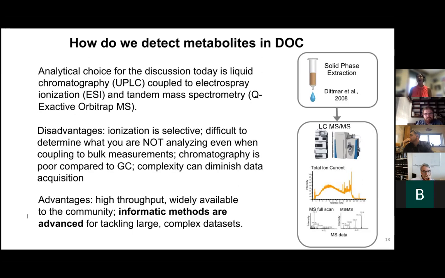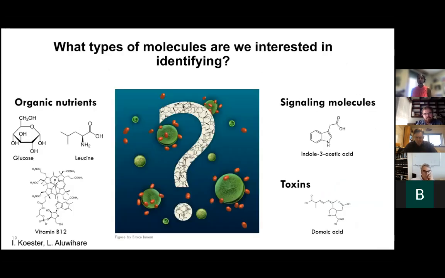And because it's broadly used in the health sciences and the pharmaceutical sciences, the informatic methods are highly developed, and we've been taking advantage of that through collaborations with folks on the main campus at UCSD who are in the pharmaceutical sciences. So what types of molecules might we be interested in identifying?